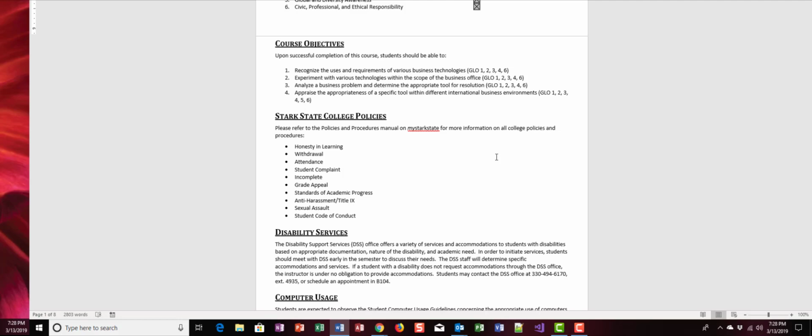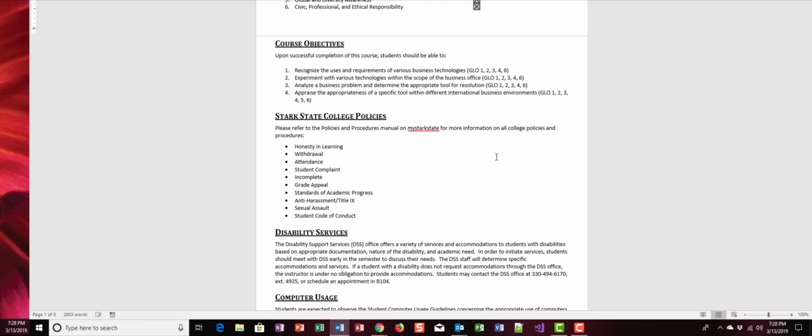It could be service industry, it could be a nonprofit, it could be educational, but everything is really some type of business. So we want to look at our technologies in that context, as opposed to a personal use of those technologies.